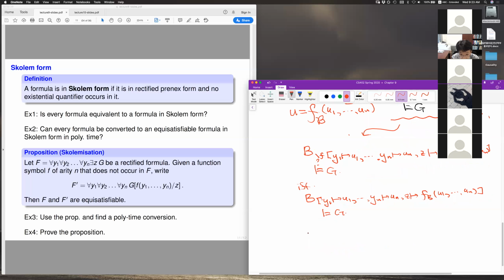And then now we are using the translation lemma. Okay, because we can use the translation lemma because this one is the same as B applied to B.